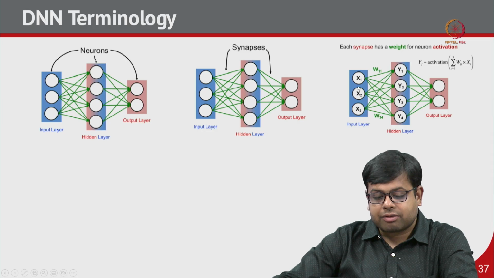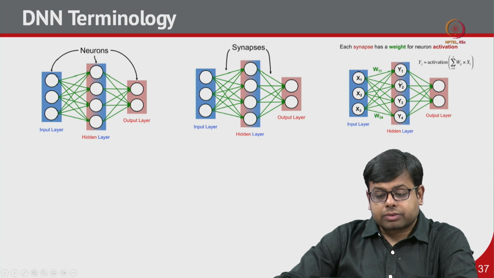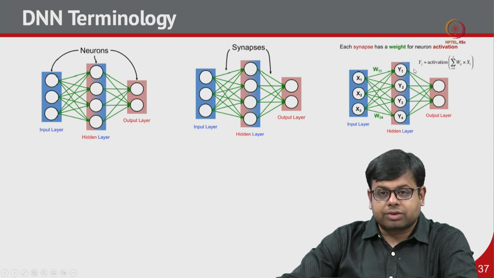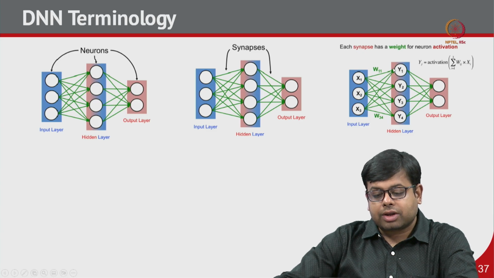Let us say we have 3 neurons in the input layer and 4 neurons in the hidden layer, then we will have a total of 12 weights between all the neurons in the input layer and all the neurons in the hidden layer, right. This connection between two neurons in two different layers is nothing but the synapse, which has the weight.